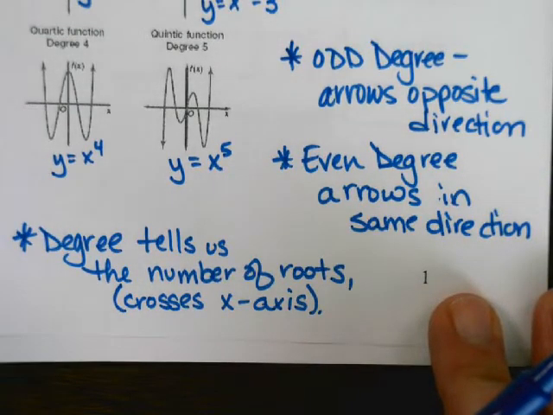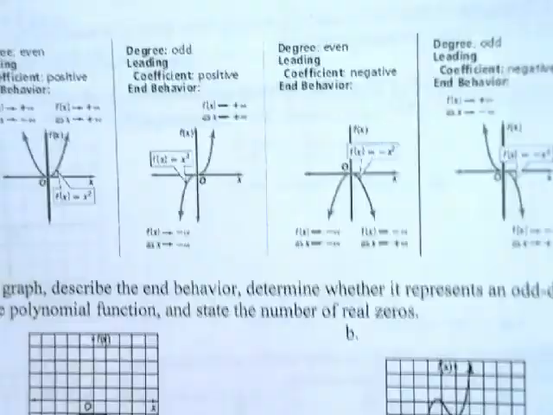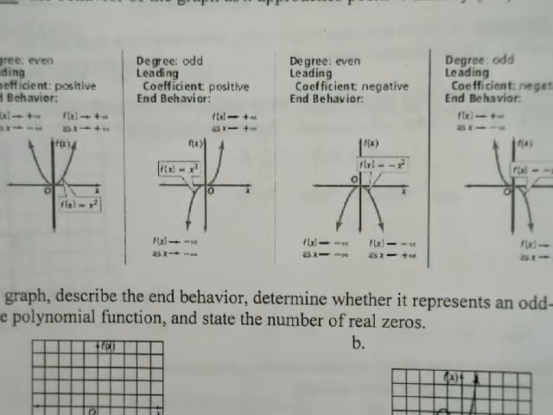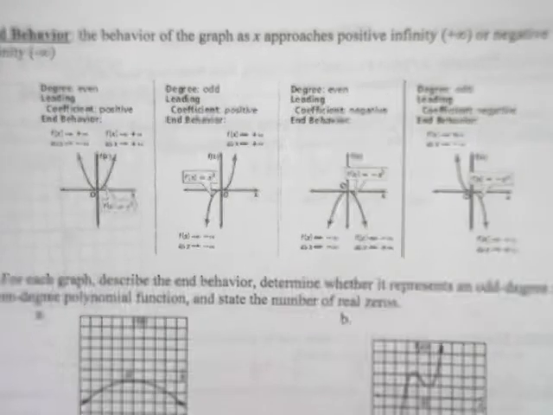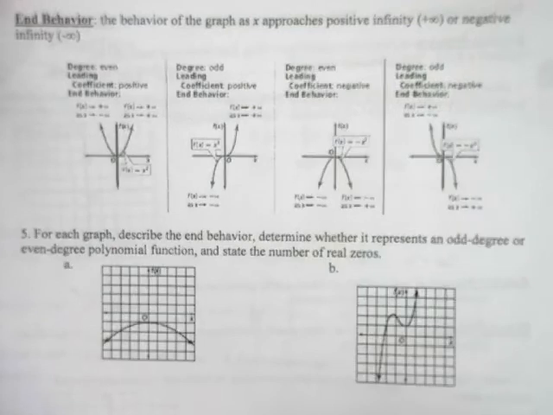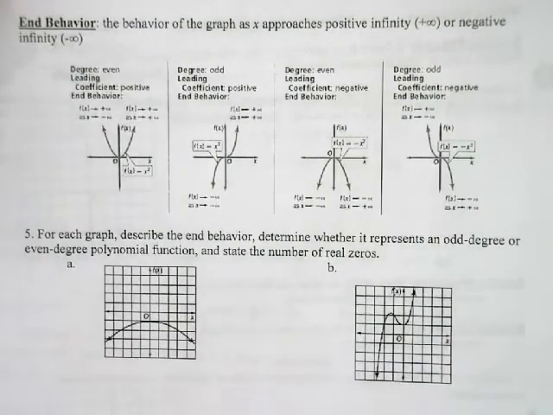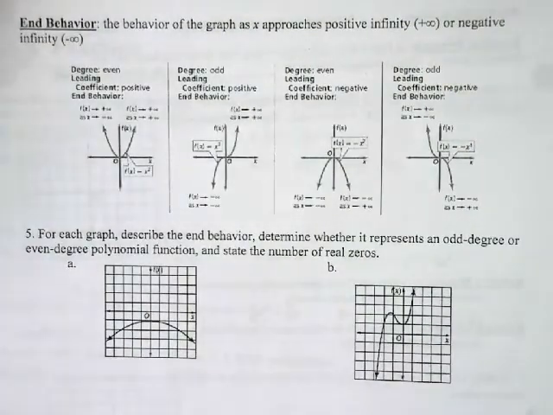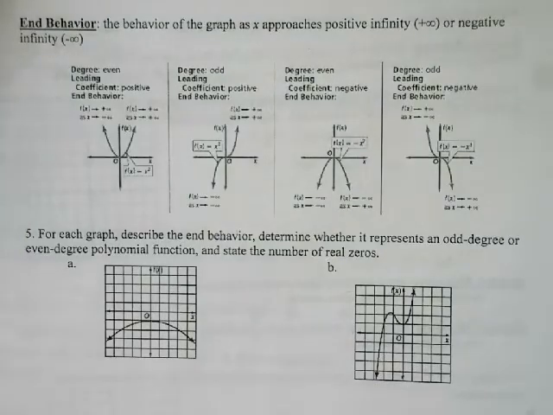Okay, turn the page because now we're going to talk about what's called end behavior. Catch up. End behavior is the behavior of the graph as x approaches positive infinity or negative infinity. So as I get further and further away from the origin, what is my graph doing?